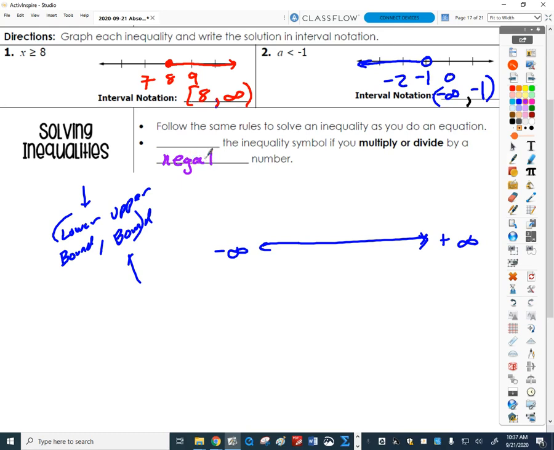Can you flip them? Yes. That's the only thing we have to really remember. Otherwise, the algebra is the same for inequalities that it is for equations, with that one exception for now. There'll be some other exceptions we'll add later, but for now, that's all we need.